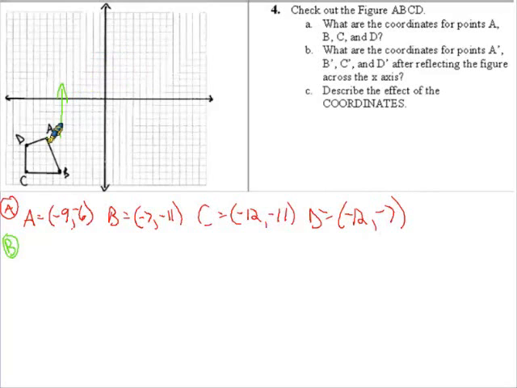So you could take point A and then count, see how far it is, and then go the same distance on the other side and make it A prime. But that kind of is time consuming, and the question does not actually say you have to graph it.